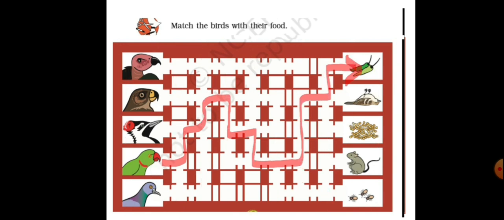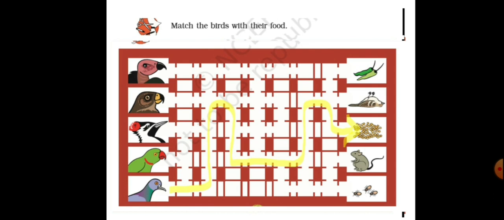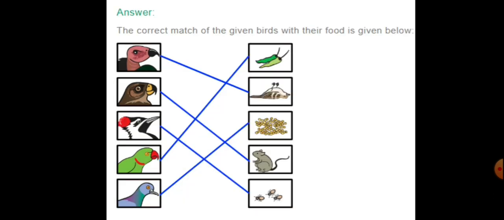And the pigeons, all the grains. The pigeons love to eat grains. So the final answer is this. The vulture, dead birds; eagle, rat or the mouse; the woodpecker, the insects from the tree; parrot, chili; and the pigeon, it likes to eat grains.